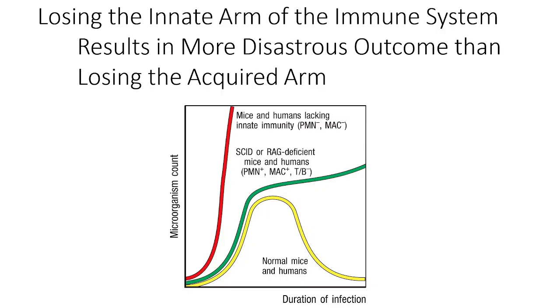So the outcome over here is that the infection is initially controlled by the innate defenses, the macrophages, neutrophils, followed by the adaptive system, the T and the B cells, which eventually clears the pathogens. This is the yellow line that is happening for the normal mice and the humans.